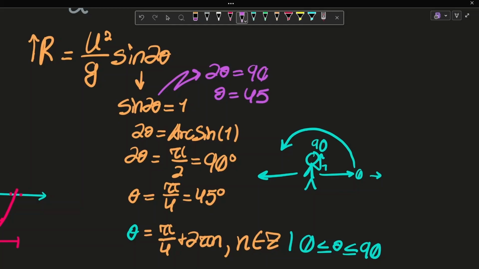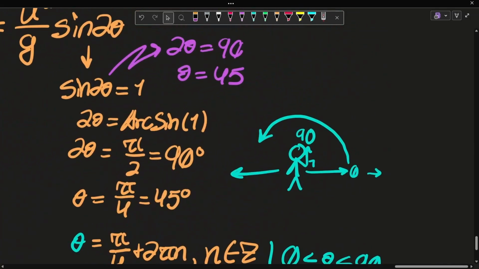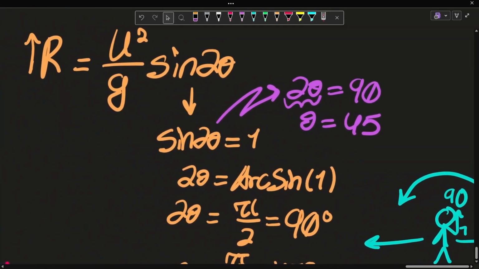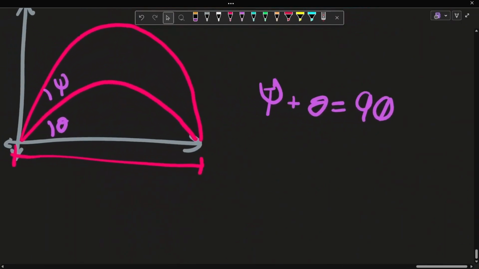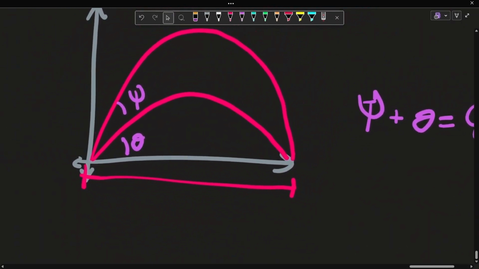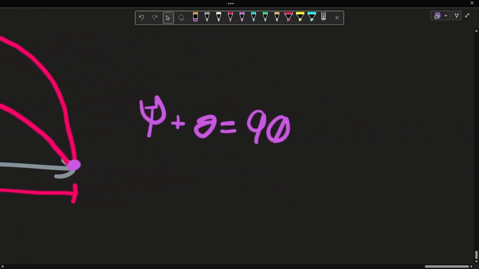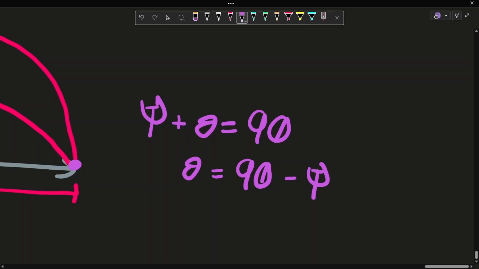So that's our maximum range. But in general, as long as 2 theta, or this inner function part, is 90 degrees, then you'll have the maximum range achieved. So in short, if you have a problem and it tells you 2 objects are thrown and they both reach the maximum range, the sum of the 2 will always equal 90 degrees. So if you had one of them and you wanted to find the other, just do 90 minus that one.